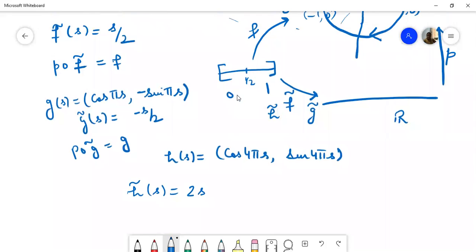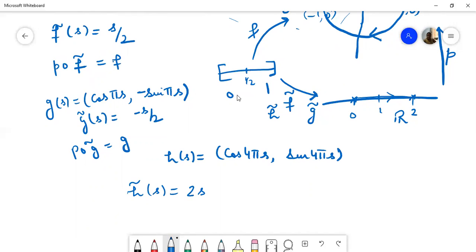So now we define H curl on [0, 1] to the real line. Let us say this is point 0 on the real line, this is 1, this is 2. H curl of s equal to 2s is the map which gives the path from the point 0 to point 2 along this straight line.